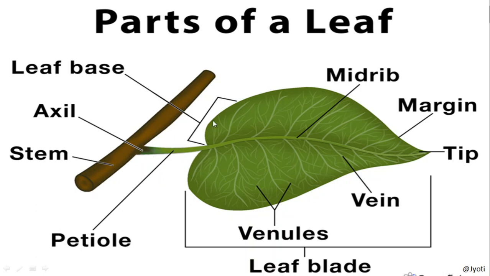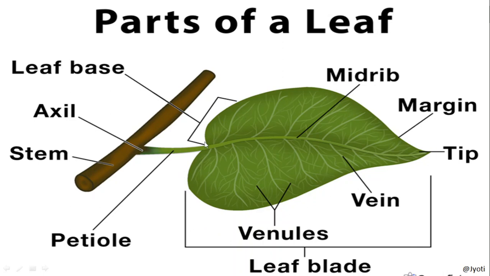But sometimes the leaf lamina, the flattened structure, is attached directly to the stem. Such leaves are called sessile leaves. Now come to the leaf lamina, the third part. We have discussed the leaf base, then petiole. Now the third most important part is the leaf lamina or leaf blade.